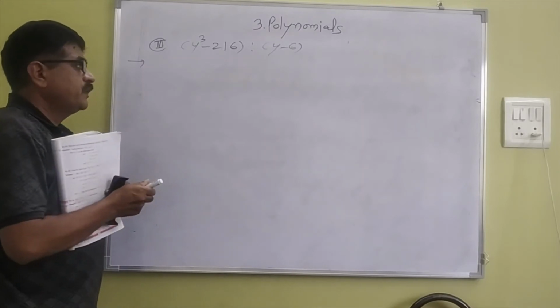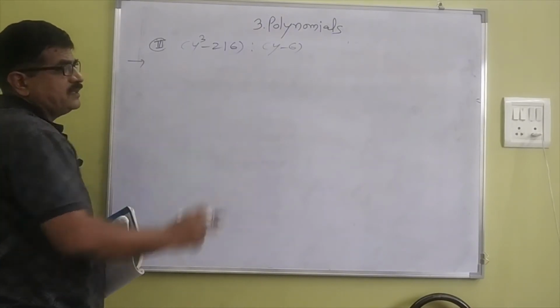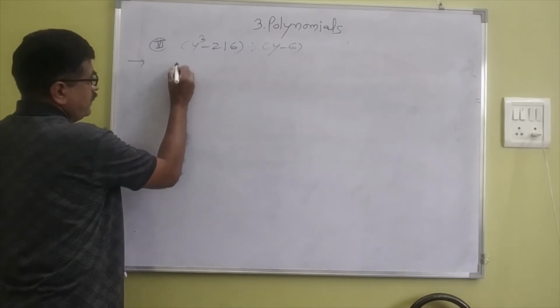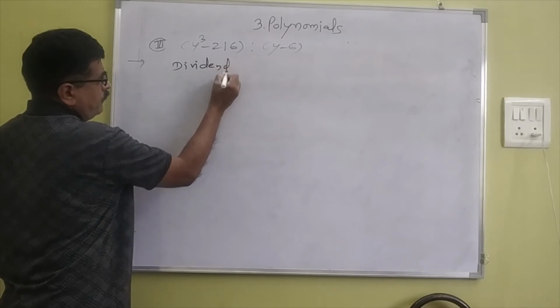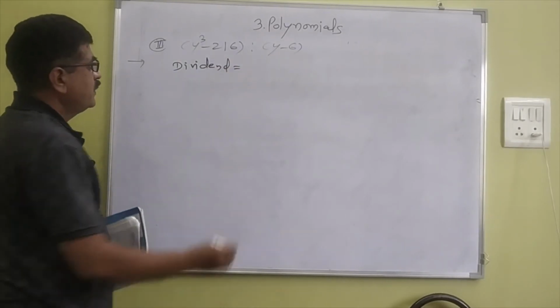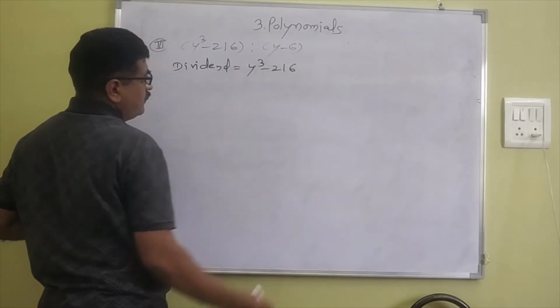Now here, first write down the given polynomial, that is dividend. Dividend is equal to y cube minus 216.